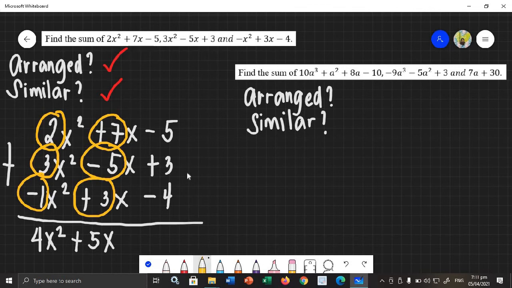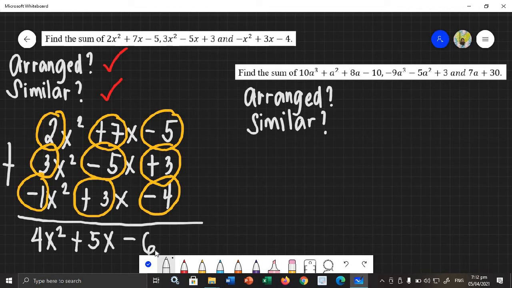And then lastly, add natin yung constants, which is negative 5, positive 3, and negative 4. So negative 5 plus positive 3, the answer is negative 2. Negative 2 plus negative 4, the answer is negative 6.